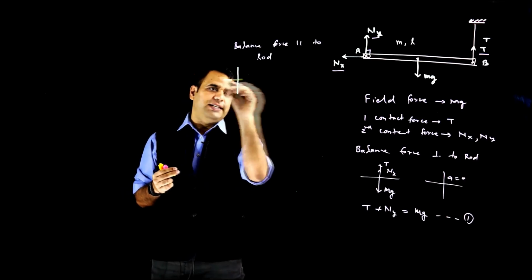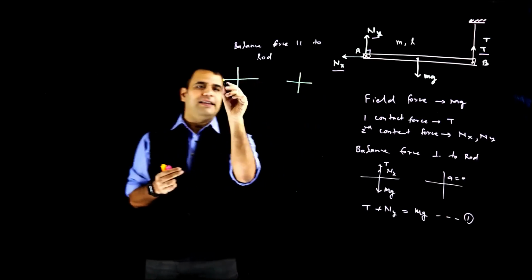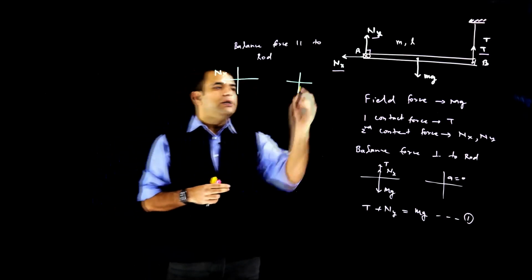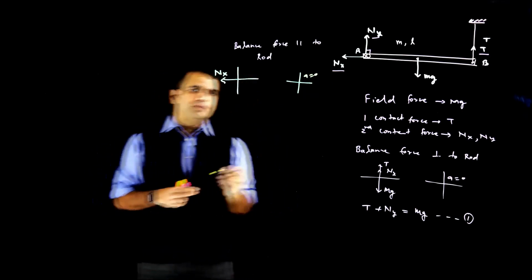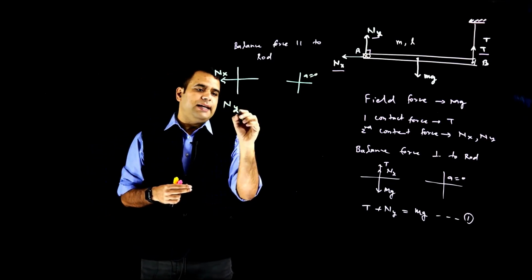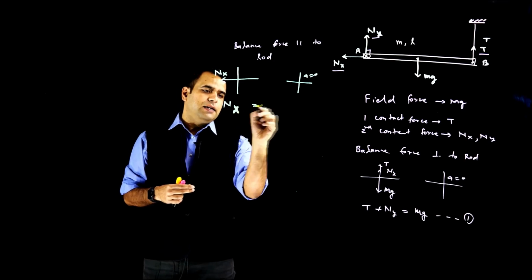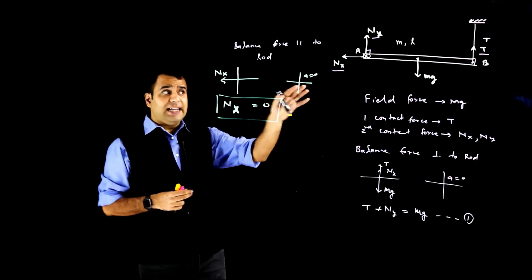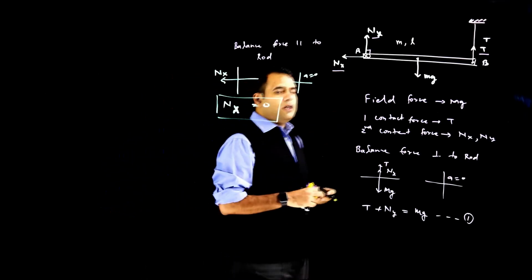And obviously, there is only one force, and that is Nx. There is no other force parallel to the rod. So acceleration is 0 because this rod is not moving. Based on that, I can say this Nx is 0. So this is the first force, the Nx we have calculated. In this case, Nx will be 0.